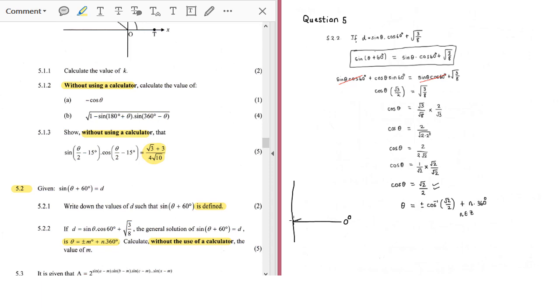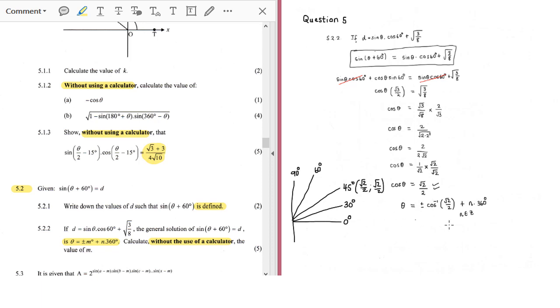We've got 0 degrees, 30 degrees, 45 degrees, and 60 degrees, and 90 degrees. This setup of root 2 over 2 is right here at 45 degrees. We have root 2 over 2, root 2 over 2 as the x and the y coordinates at 45 degrees.